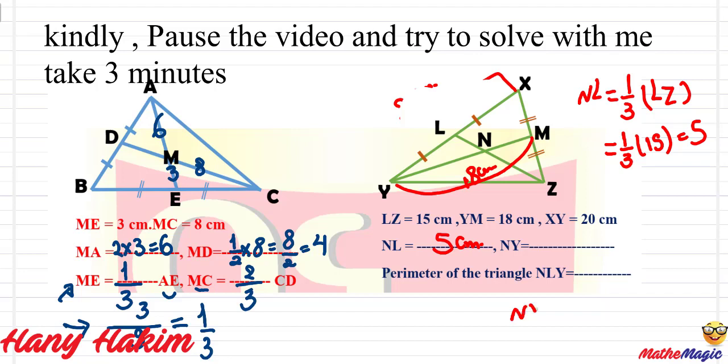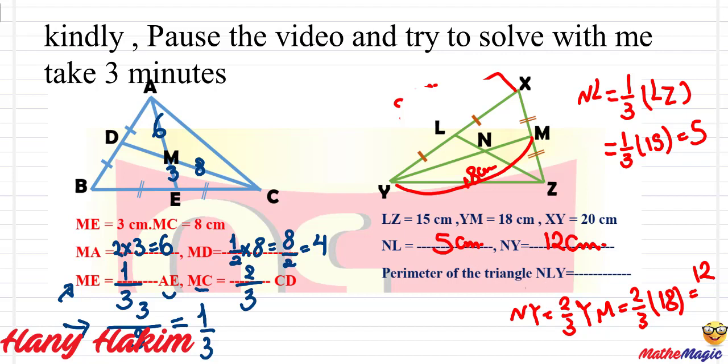NY equals 2 over 3 of our median, which is YM. So NY equals 2 over 3 multiplied by 18 to get 12 centimeters.